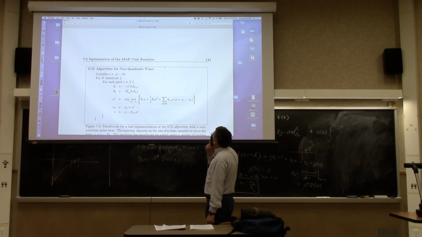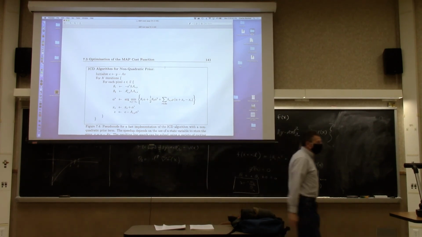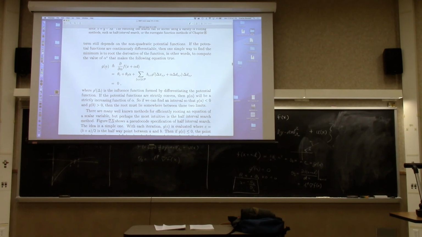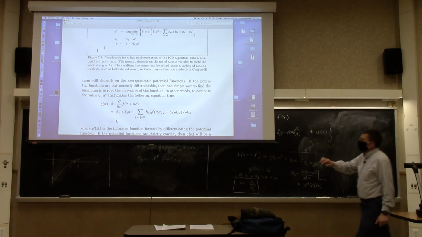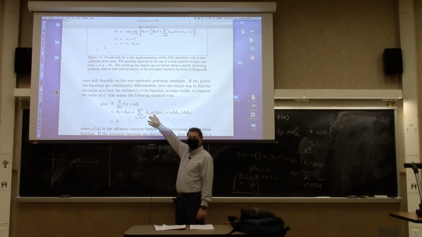Okay, so then you have to compute these derivatives, and you're going to read the instructions. So you can compute this g function as a function of alpha in terms of those derivatives of the potential. And remember, when you differentiated this potential function, does anybody remember what the derivative of the potential function was?